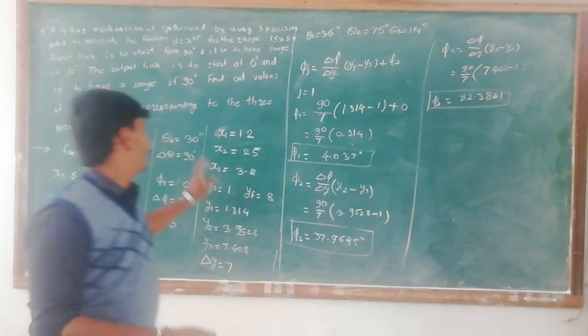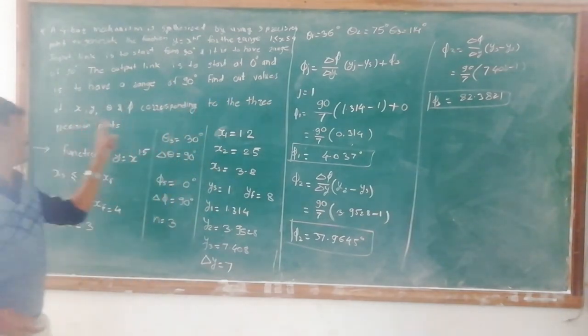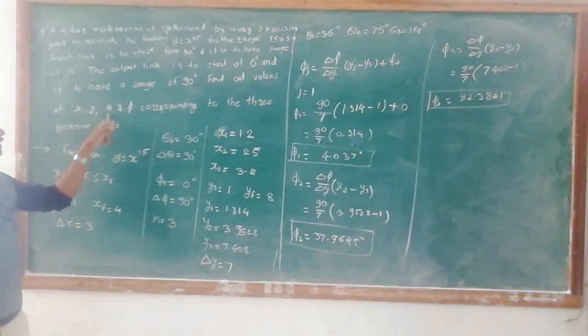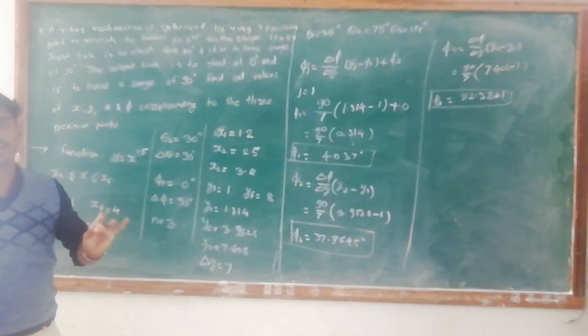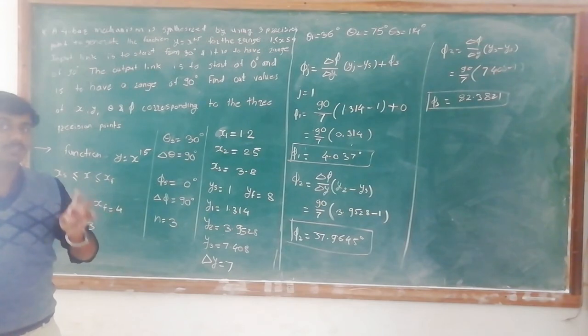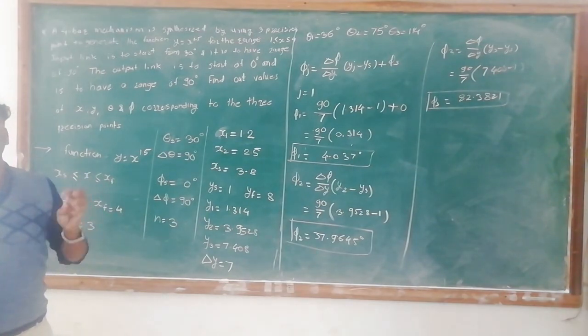So what do they ask? Find out the values of x, y, theta and phi corresponding to three physical points. They ask x1, x2, x3, y1, y2, y3, theta 1, theta 2, theta 3 and phi 1, phi 2, phi 3.